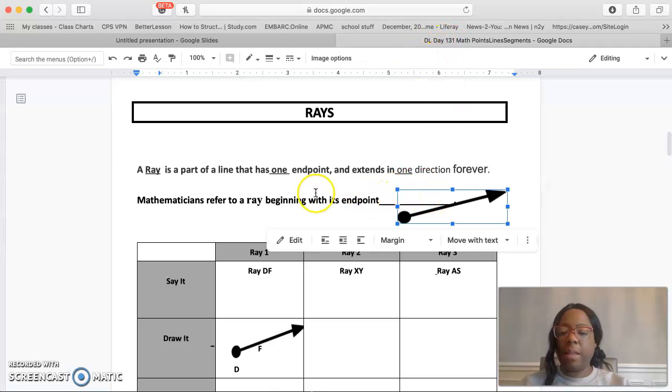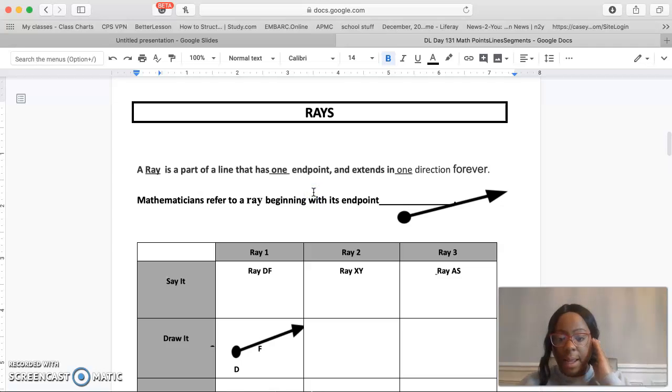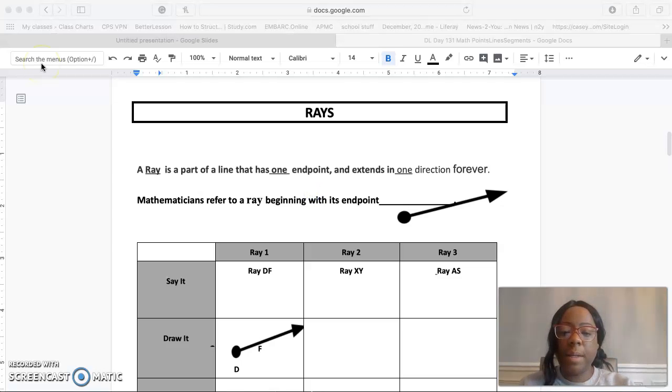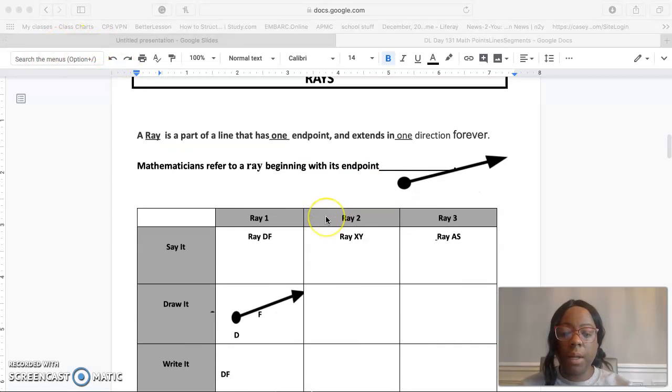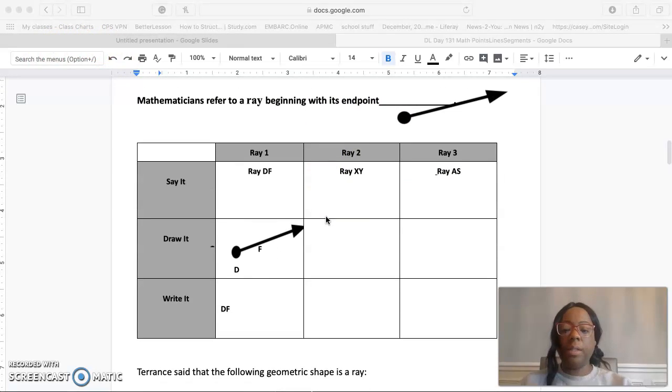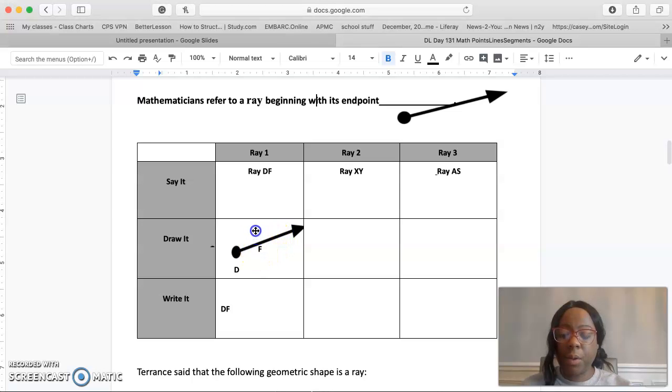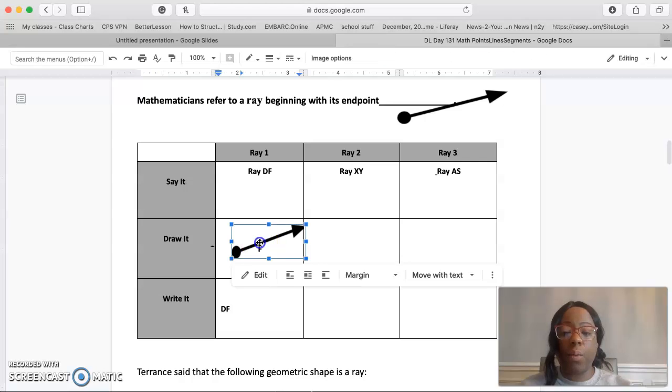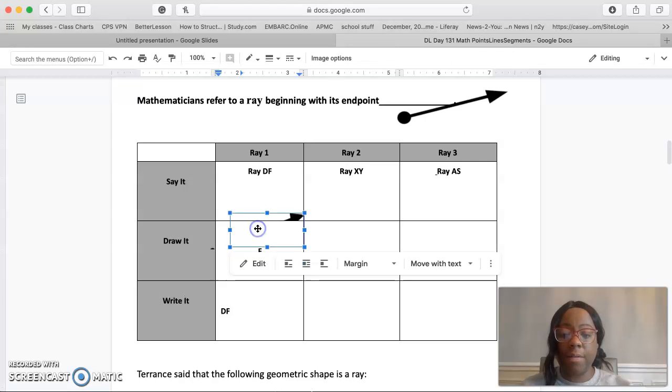Now, mathematicians refer to a ray, or should I say a ray's beginning with its end point. So, in our chart, we're going to say it, draw it, and write it. Now, if we were saying ray DF, we would say it just that way, ray DF.